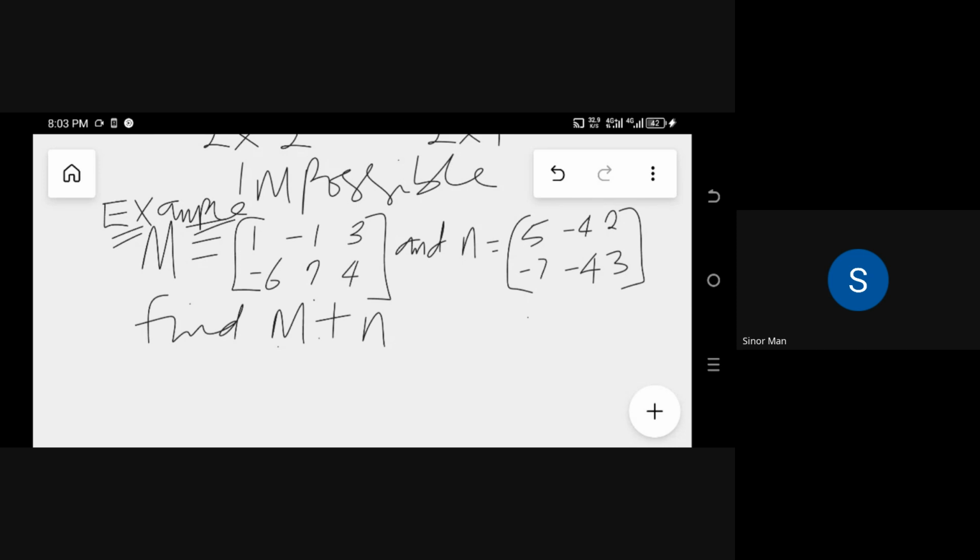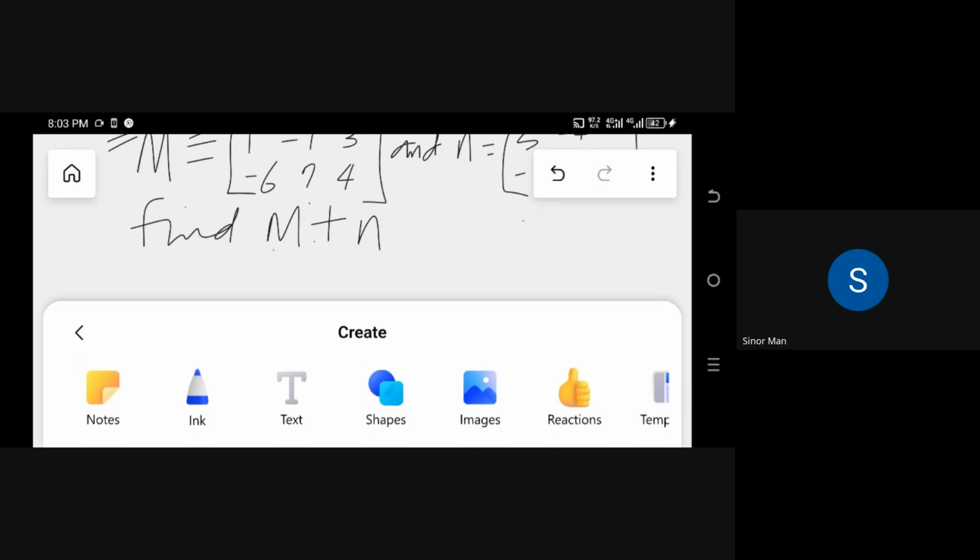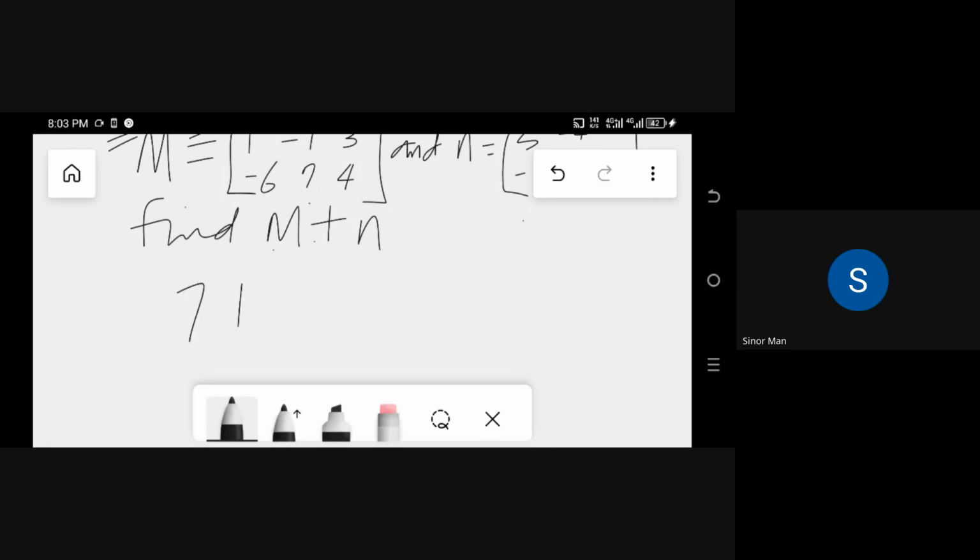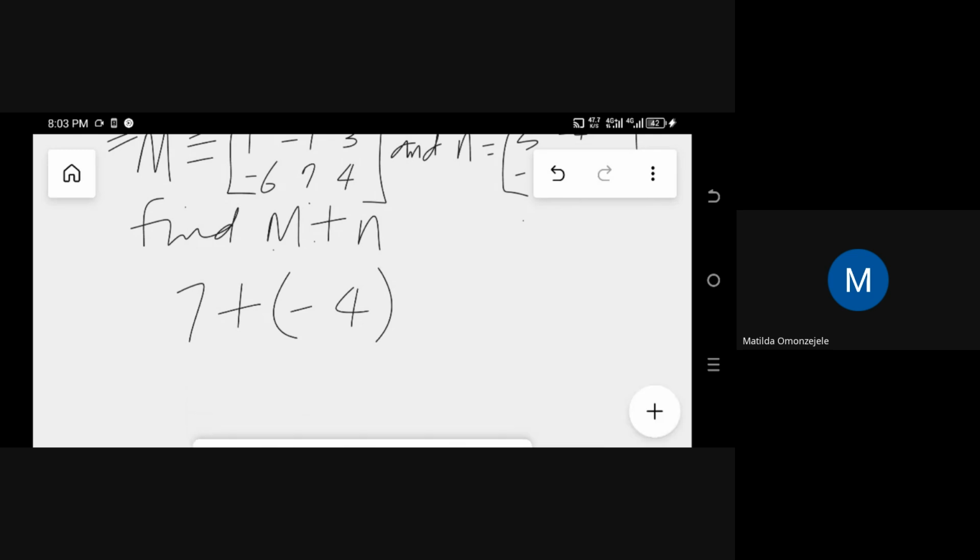All right, look at this. Look at the board. 7 plus minus 4. What's the result when plus multiplies minus? Minus. 7 plus minus 4. So thank you, when plus multiplies minus, you have minus.